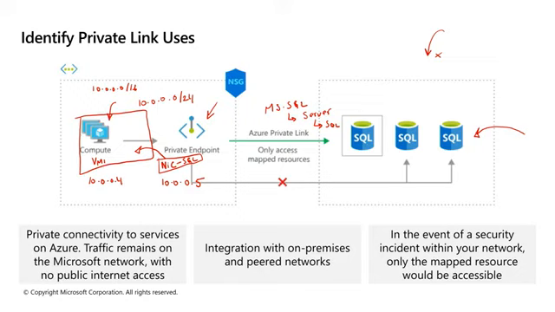In this case, I can be more specific, and I have a long list of options available within private links as compared to service endpoints, which are only available for 11 different services. This is more specific to a resource type, so I can pick and say open it for just that database and not the others. So not opening to the entire Microsoft.SQL, but to a particular server that I have in my environment. And again, this is not free of cost.